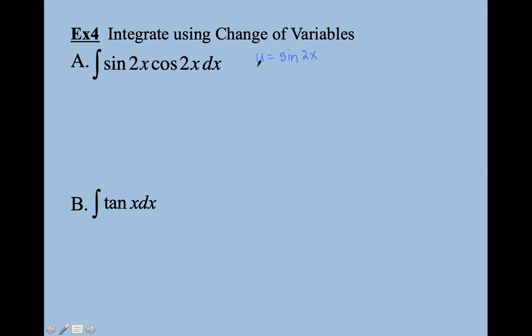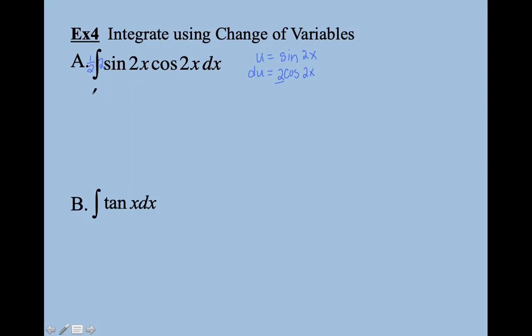So I have u equal to sine 2x. So the derivative of that, the derivative of sine is cosine 2x. But then with the chain rule, the derivative of 2x is 2. So if I look, I have everything I need except for the 2. So if I put the 2 in, I need to take a 1/2 outside.